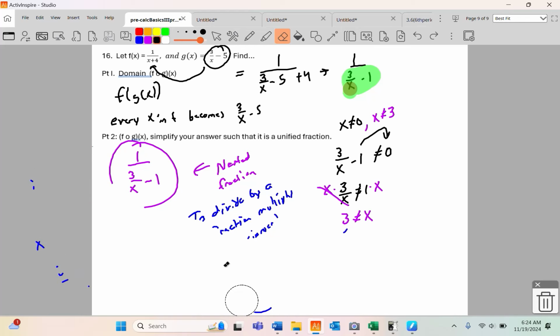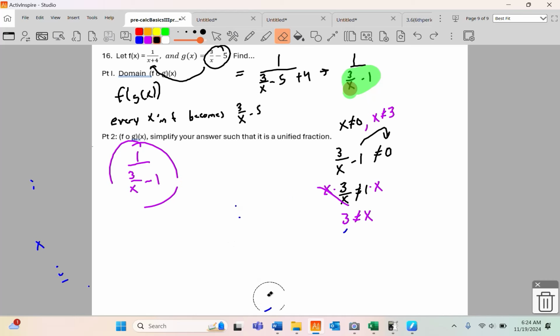Nested fractions can be cleared up super, super quick by multiplying by the denominator within the fractions. So, all right, so how do I word that properly?